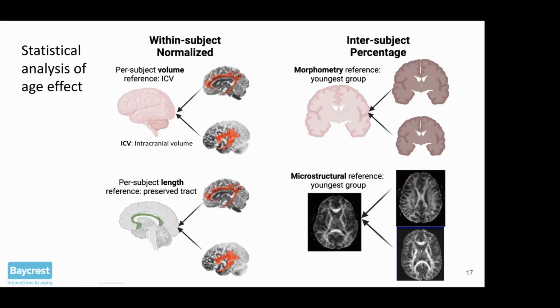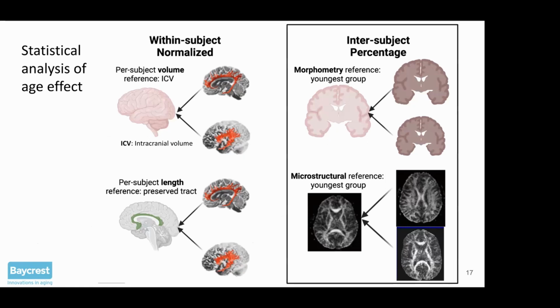As I mentioned before, there are two ways in which we normalize these metrics in view of the sex differences. The second way is to reference everything to the youngest group. We have done this for the morphometry, for the microstructure, and we'll do the same normalization later for the perfusion.